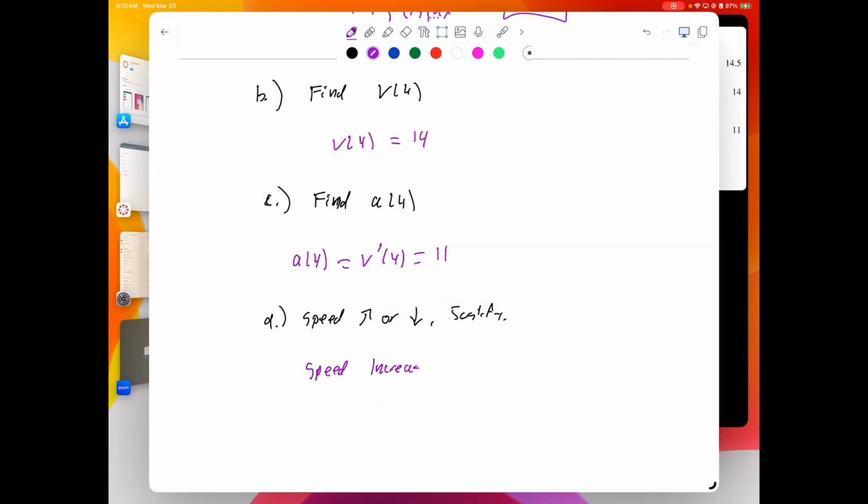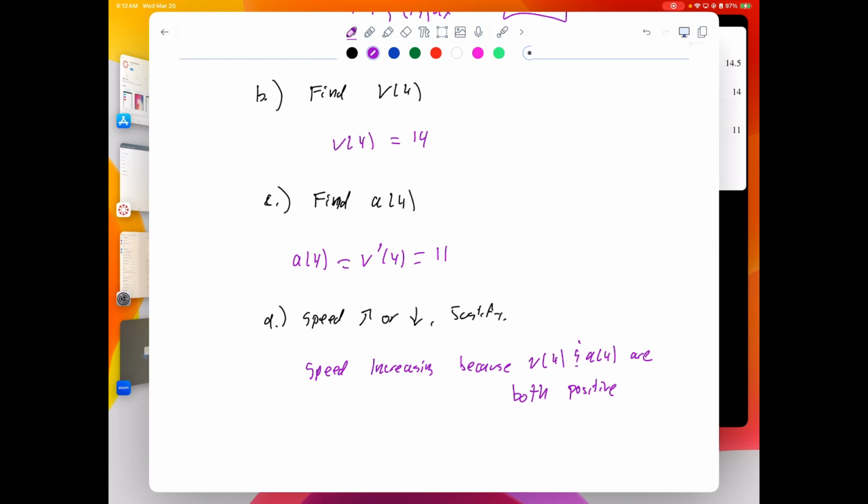Because V of 4 and A of 4 are the same. Now, this is where it would be acceptable. If you said the same sign, you would get credit. Why would you get credit for the same sign on this problem?